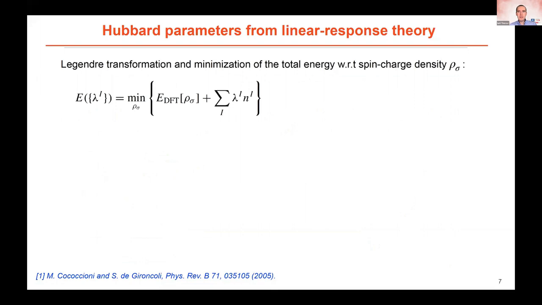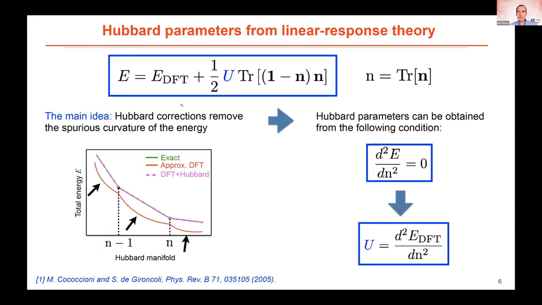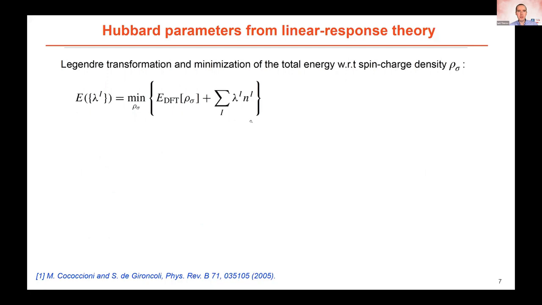So the DFT energy functional is a functional of the spin charge density. So E_DFT depends on the spin charge density rho sigma. But what we want to compute is the derivative of this object with respect to the occupations. So the DFT total energy is not a function of occupation. So we cannot straightforwardly compute this derivative. So that's why we need to do some math. And this is explained in this paper at the bottom.